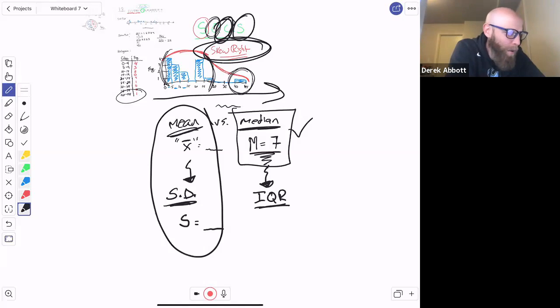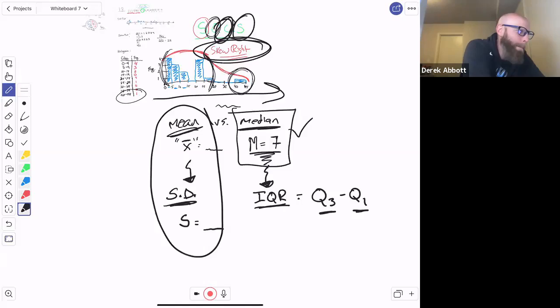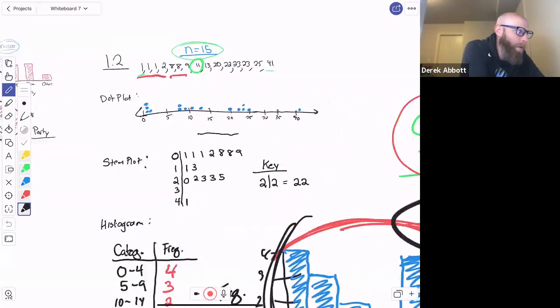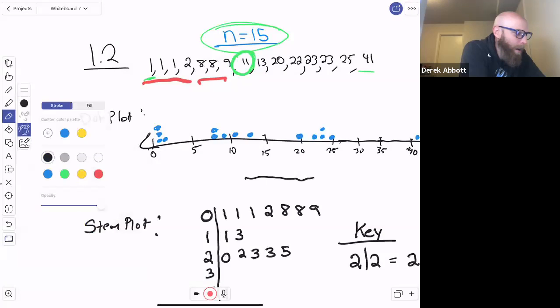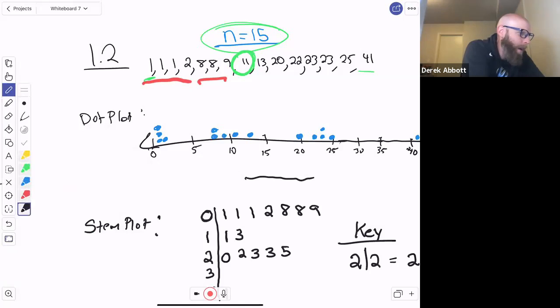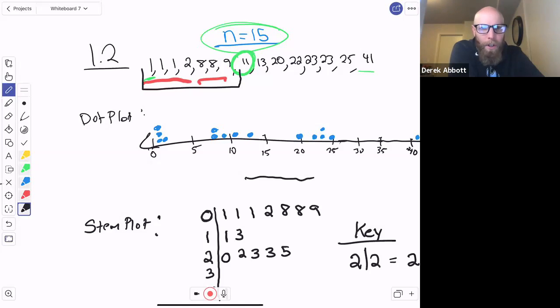But let's find IQR. The IQR is Q3 minus Q1, or quartile 3 minus quartile 1. Now let's talk real quick about what is the quartile. Well, the quartile, there's actually 3 quartiles in this thing. One quartile is the first quarter of the data.